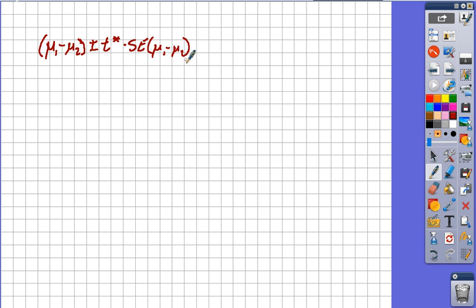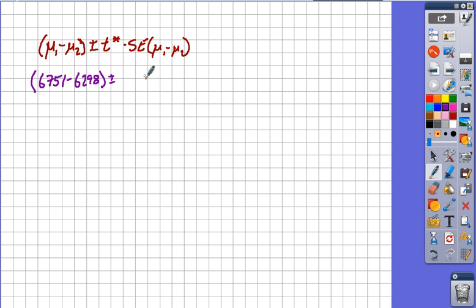So that's the setup for all of these, basically. So for this particular situation, what do we have? Well, mu sub 1 was 6,751. Mu sub 2 was 6,298, plus or minus. Now, t star, how do we get t star?